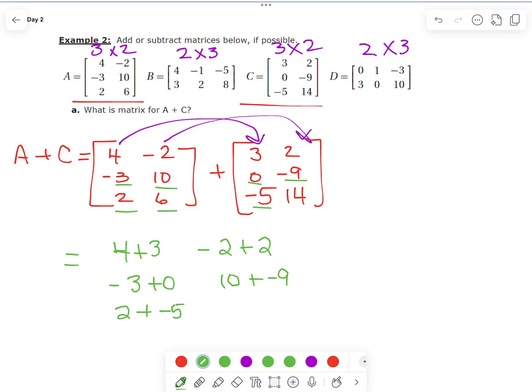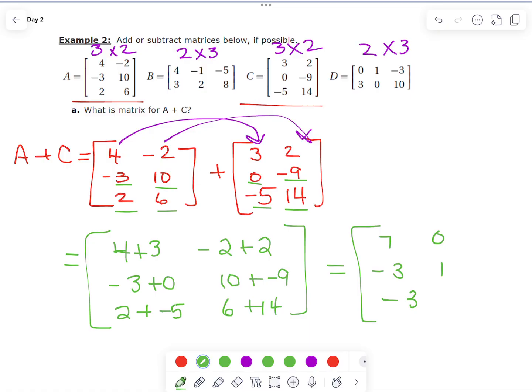And then 6 and 14. And then we simplify those numbers. And we're going to get 7, 0, -3, 1, -3, and 20.